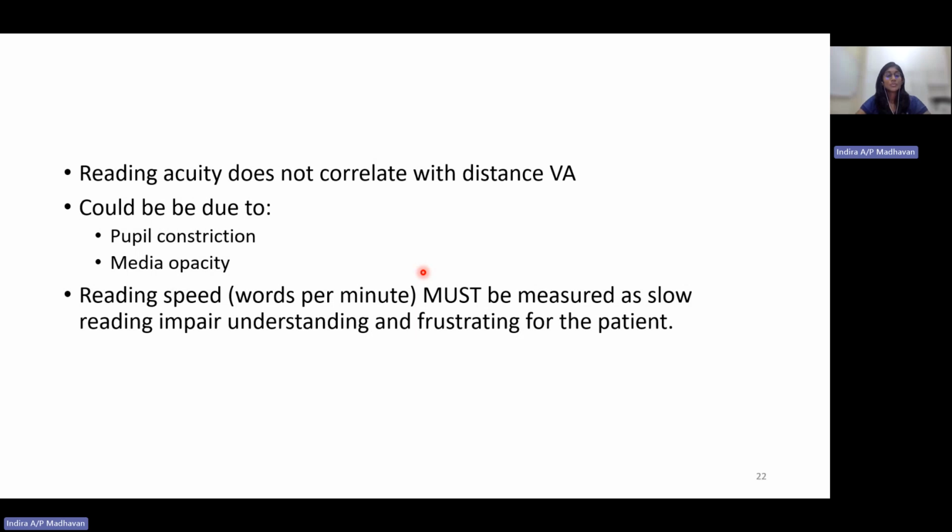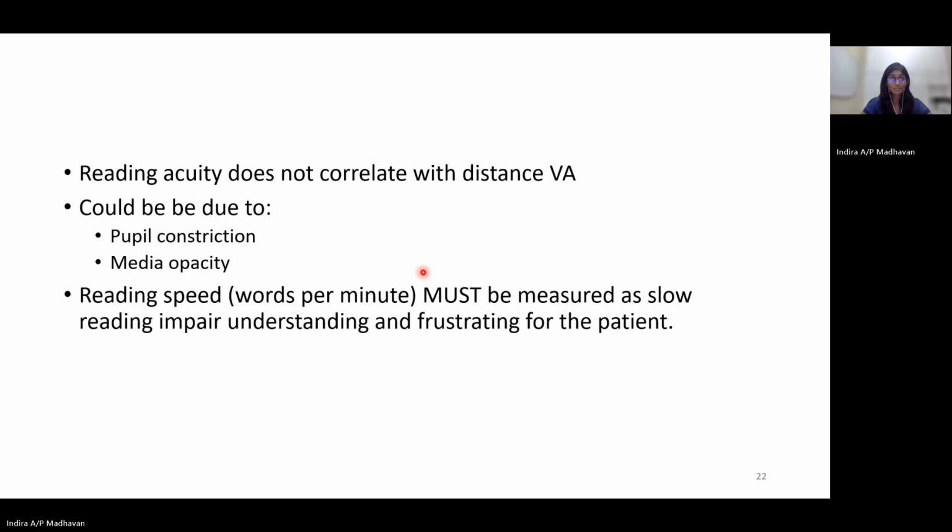And one thing that you have to remember, this near visual acuity does not correlate with the distance VA. Low vision patients are not like normal patients. When the distance VA is affected, the near VA will not necessarily be affected too. If the distance is affected, the near VA might be very good, normal.